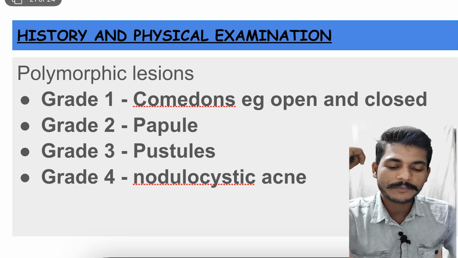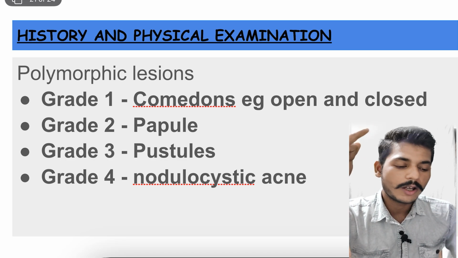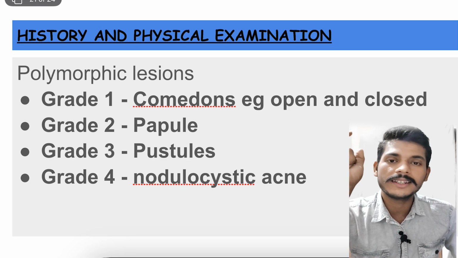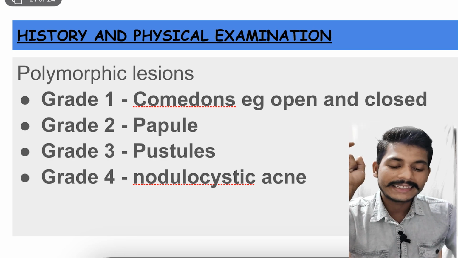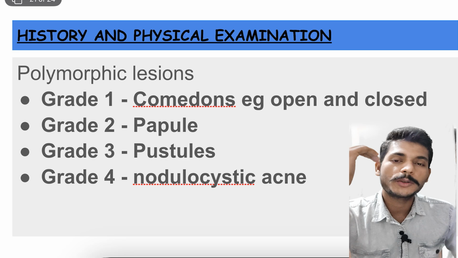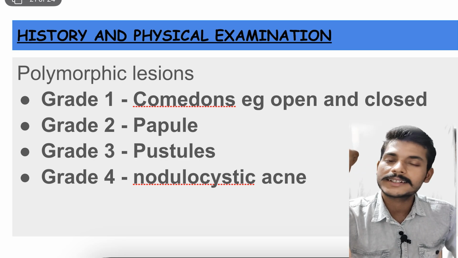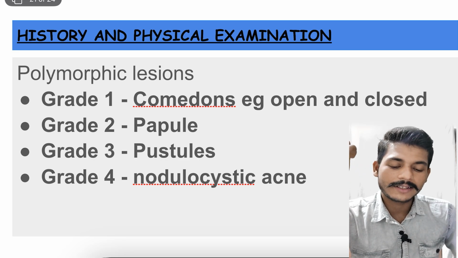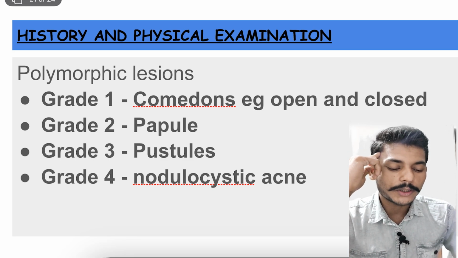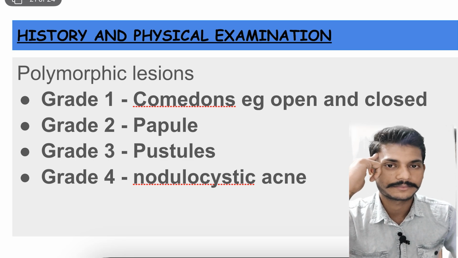There is a grading system. Grade 1 is the presence of comedones, mainly the open and closed type. In the second grade, it develops into papules. In the third grade, it forms pustules, and the fourth grade is the chronic condition, which leads to nodulocystic acne.